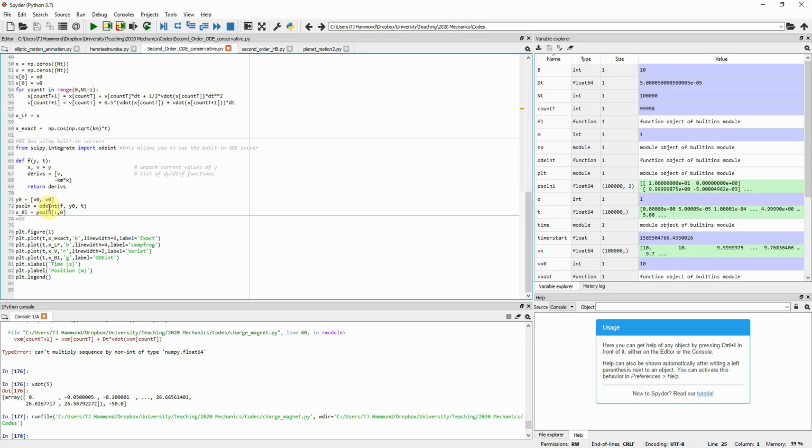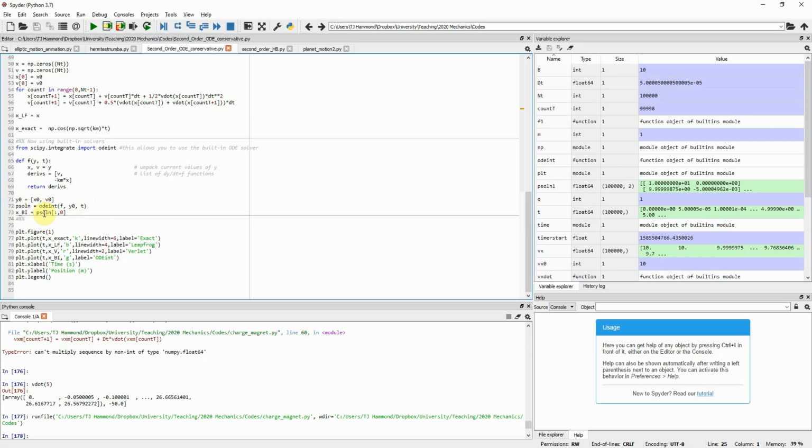And then to solve for this ordinary differential equation, we just call odeint, and we put in the function here, our initial conditions and time, just like we've done before. And our position from this built-in solver will be the 0th row of this p_soln array or matrix.